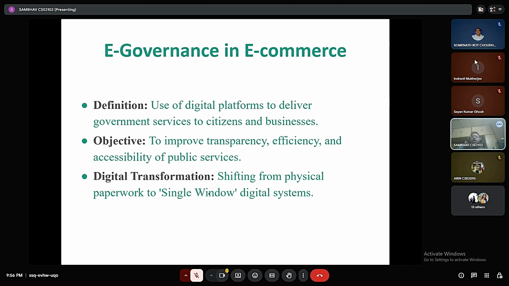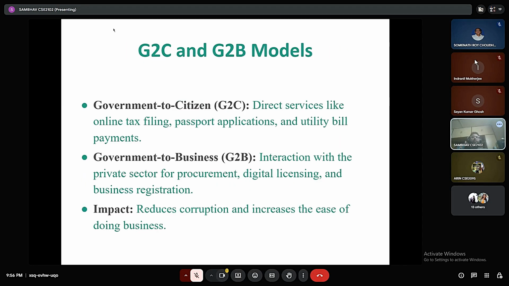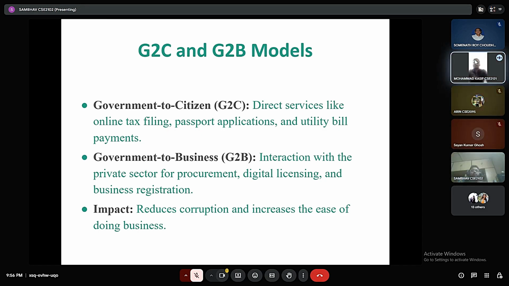Further slides are going to be presented by my friend Mohammad Kasif Ansari. Thank you. Sir, the next model is the G2C model, that is government to citizen model. This model focuses on services that the government provides directly to citizens using digital platforms to make them faster, transparent and accessible.